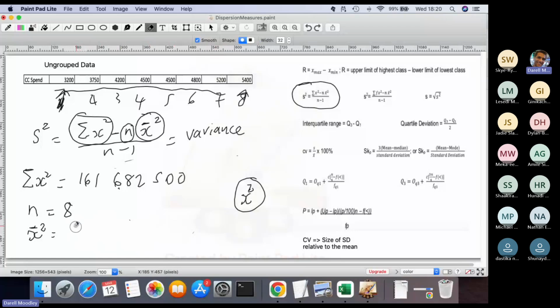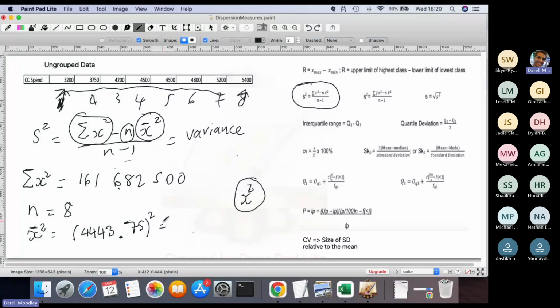Or if you want, you can just leave x bar and then square it later. It's up to you. So basically what you're doing is taking x bar, which is 44443.75, and raising it to the power 2. That's what you're doing.